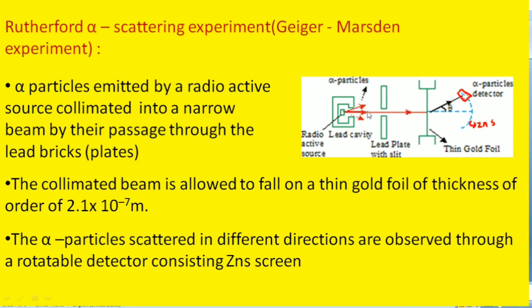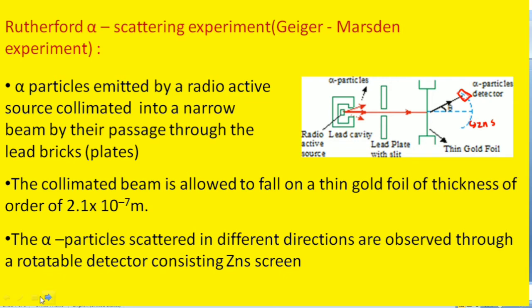That narrow beam is allowed to be incident on the gold foil, and after that these alpha particles deviate from their original path. How many alpha particles are received at a certain angle can be found using this detector. This detector is movable on the circular scale, and we can place it at any position and count how many alpha particles are reaching at a certain angle.